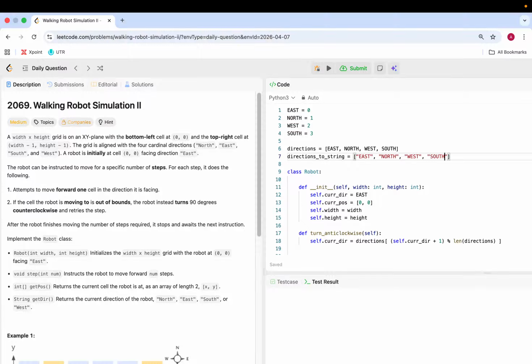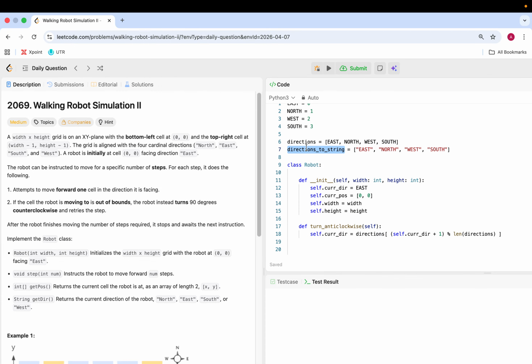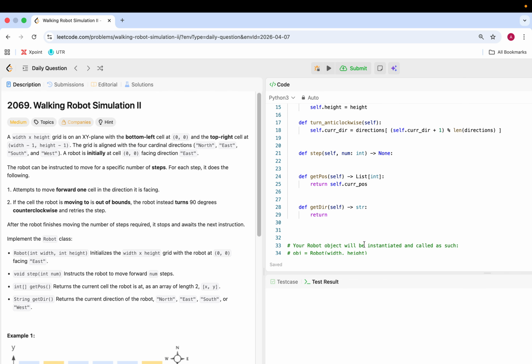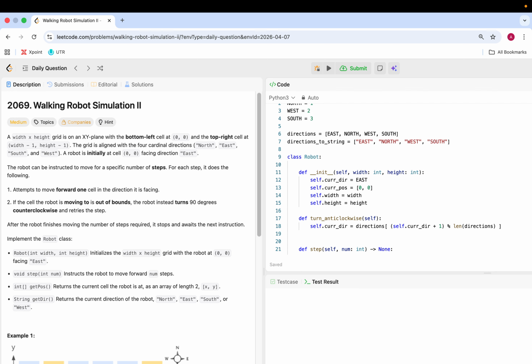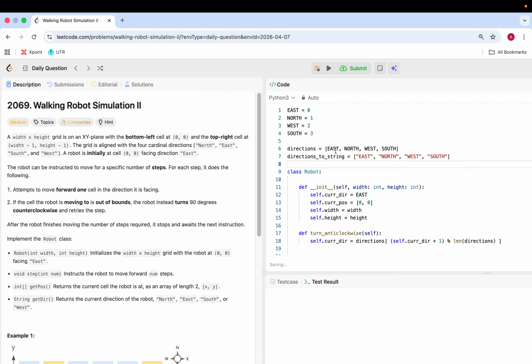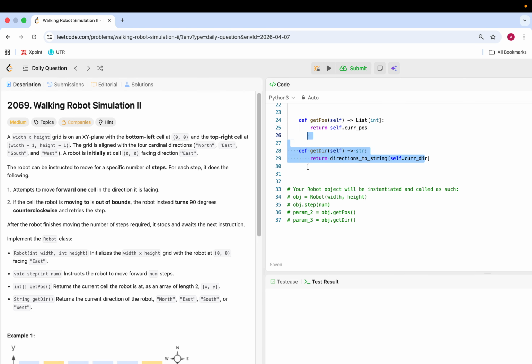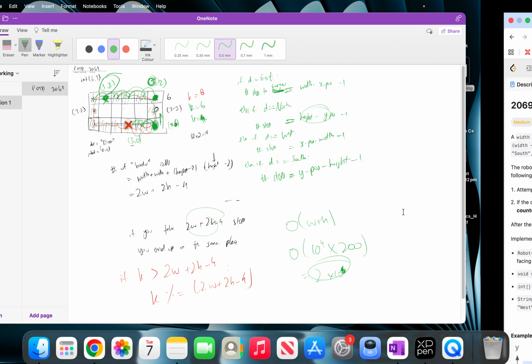Technically these shouldn't really be global, it's a bit silly to do that, but it's fine. So same thing, but self.current_direction, because this is the index that we are accessing. Very good. Okay, so we have these two, nice and easy, and then from there we have to apply our main logic.